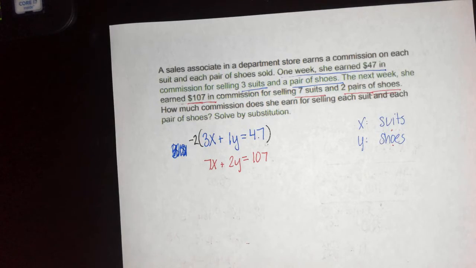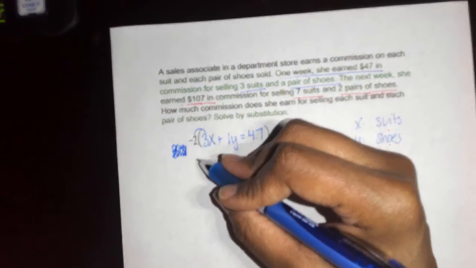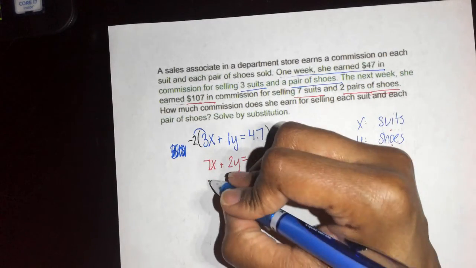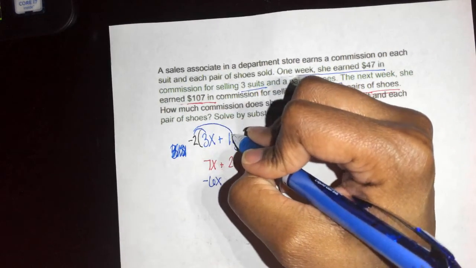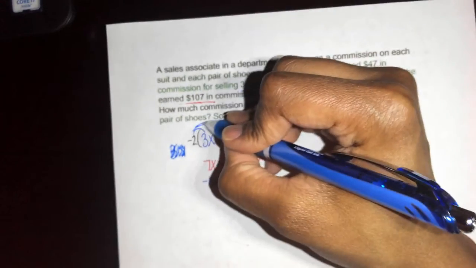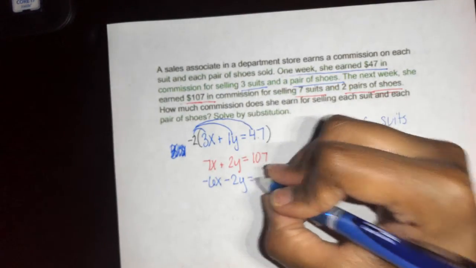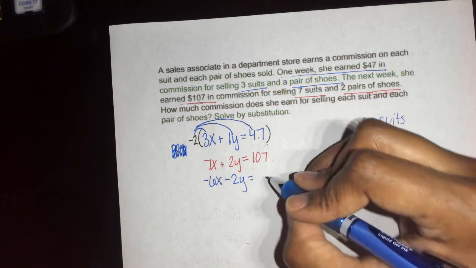So what am I going to end up with? When I distribute, -2 times 3 is going to give me -6x. And -2 times 1 is going to give me -2y. And then -2 times 47, that's going to give me -94.